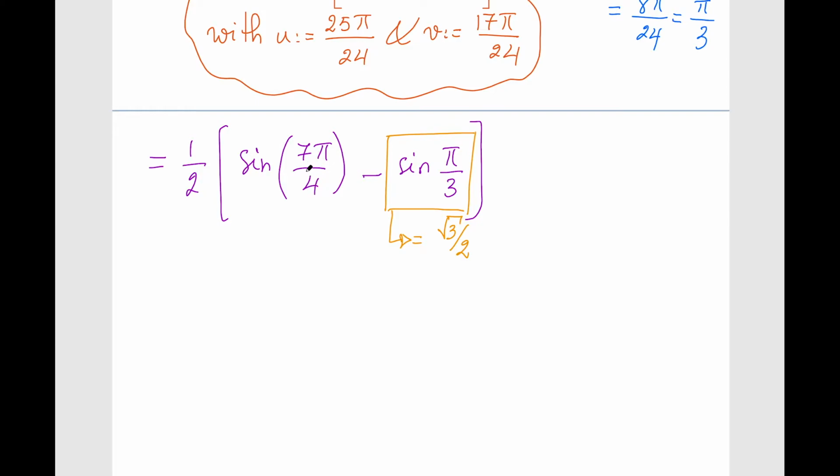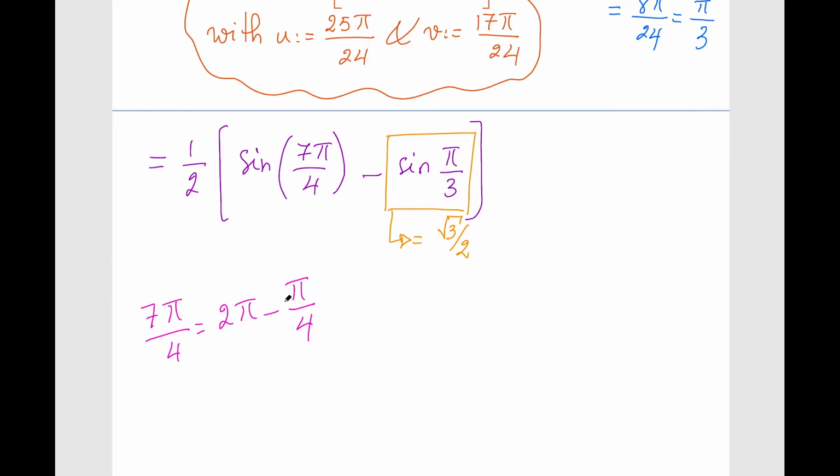You can think of 7 pi over 4 as 2 pi minus pi over 4, because 2 pi is 8 pi over 4, and 8 pi minus pi is 7 pi. So it's in the fourth quadrant, and its reference angle is pi over 4.